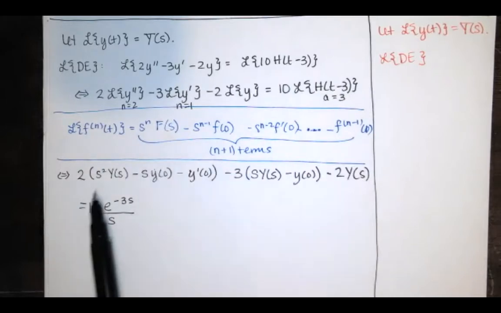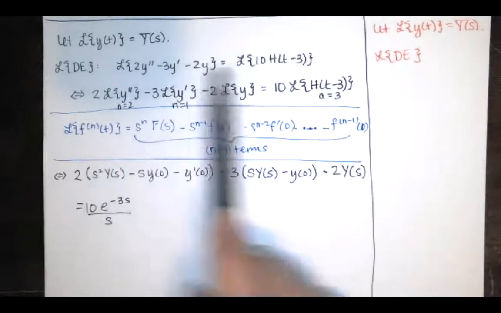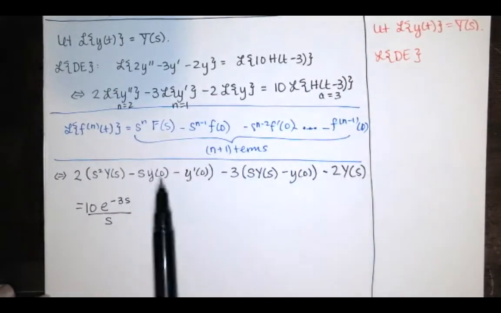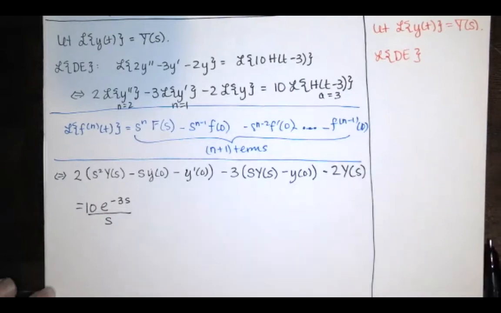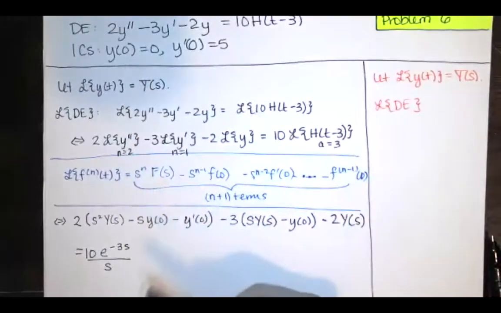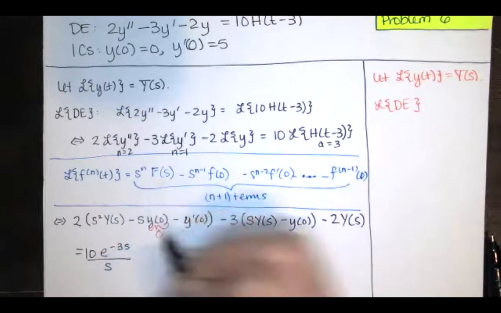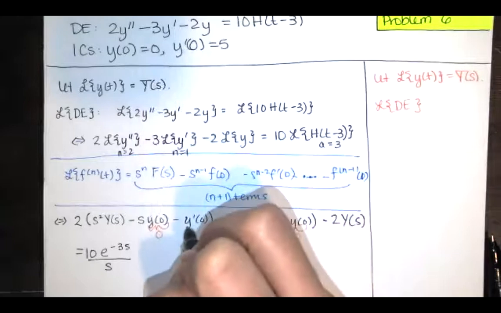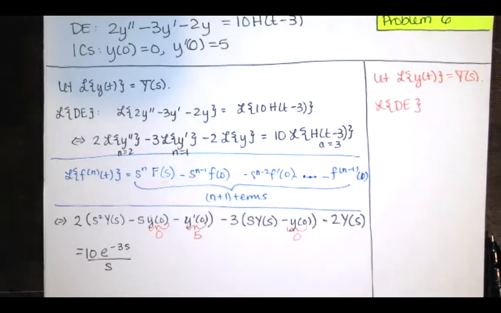Okay, so this is the Laplace transform of our differential equation, but we still have these initial conditions in it. We want to substitute in our initial conditions now. We're told at the beginning that y of 0 is equal to 0, so we'll sub that in. And we're also told at the beginning that y prime of 0 is equal to 5, so we have that there.